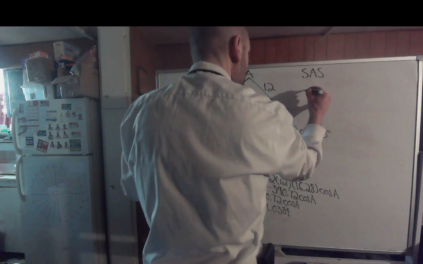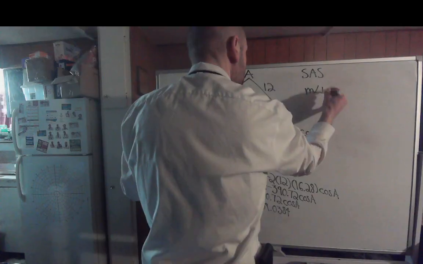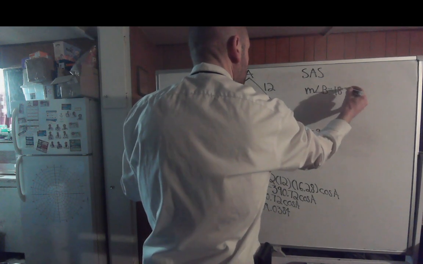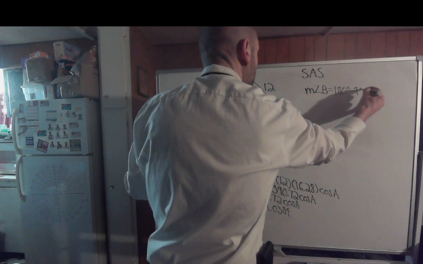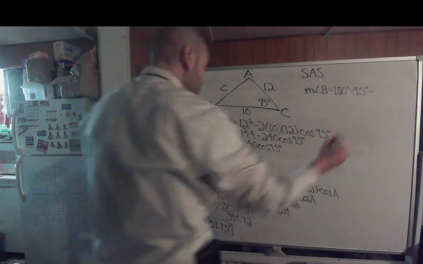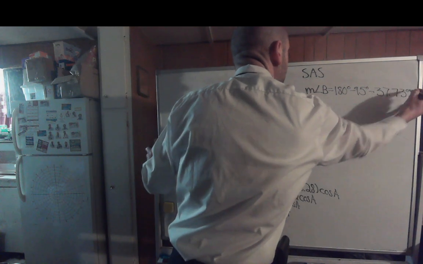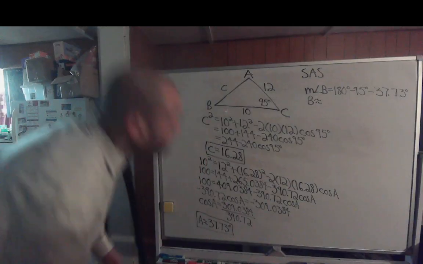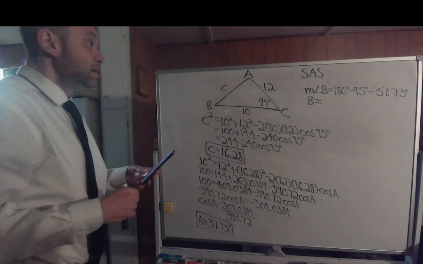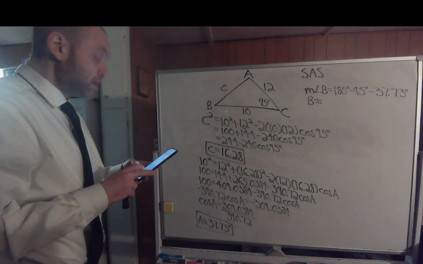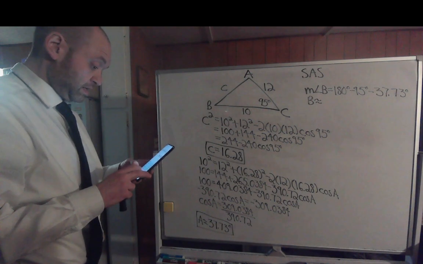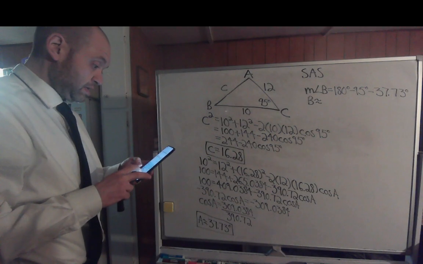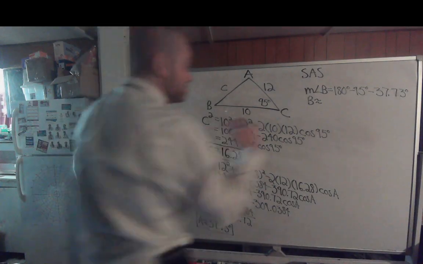So the measure of angle B is going to equal, of course, 180 degrees minus 95 degrees minus another 37.73 degrees. So then we'll come up with an approximate for angle B. You get about 47.27.